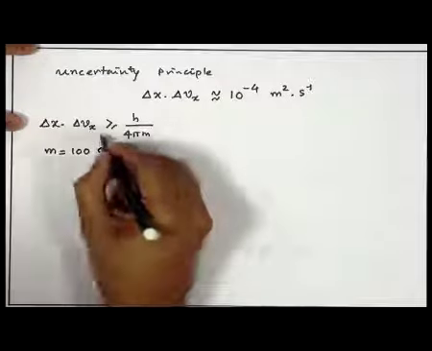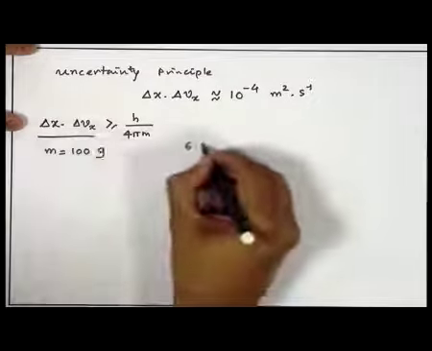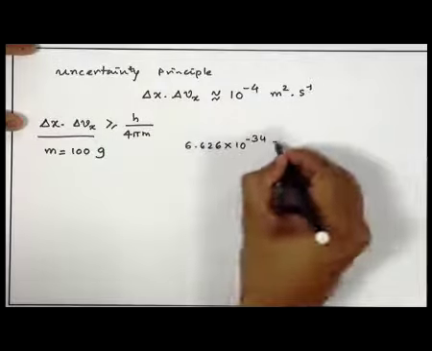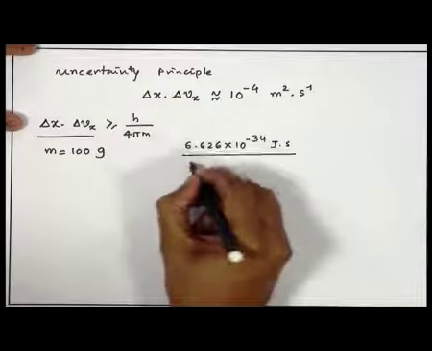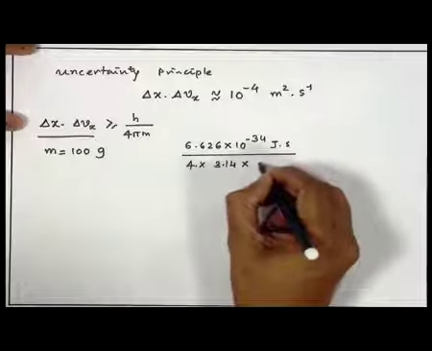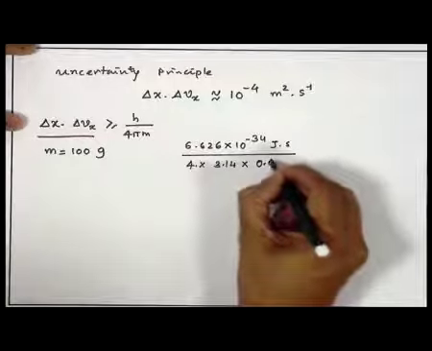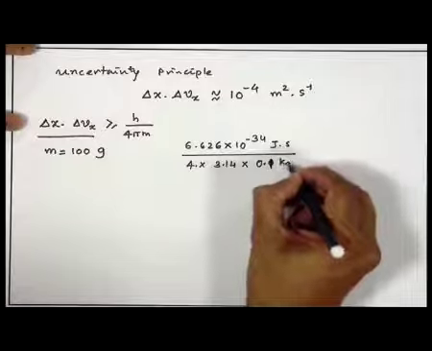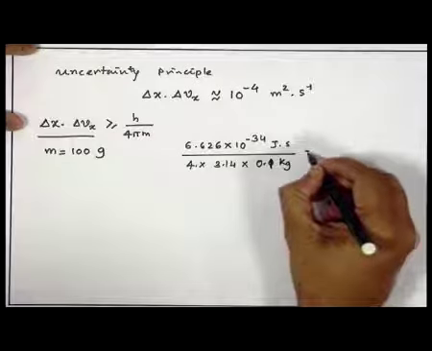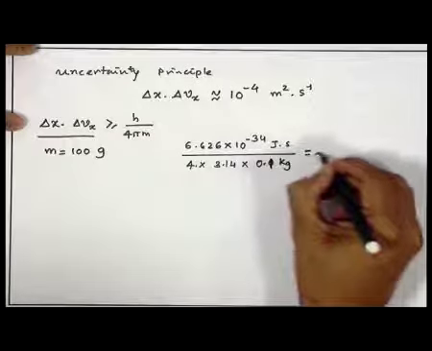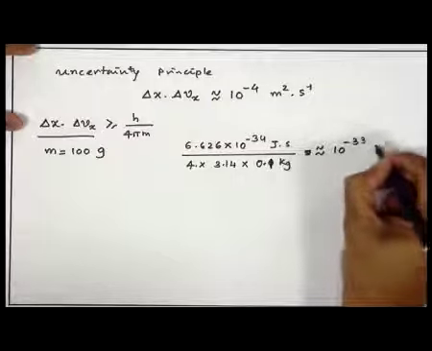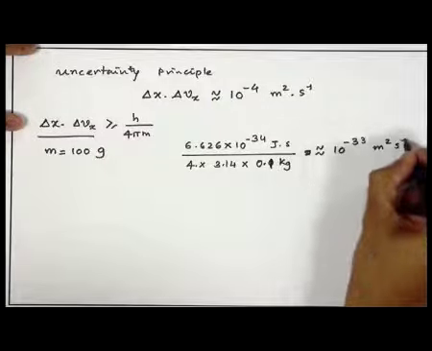In this case, the uncertainty is given as 6.626 into 10 to the power minus 34 joule second, divided by 4 pi times mass, which is now 0.1 kilogram. This is 10 to the power minus 1. So, this comes out of the order 10 to the power minus 33 meter square second inverse.